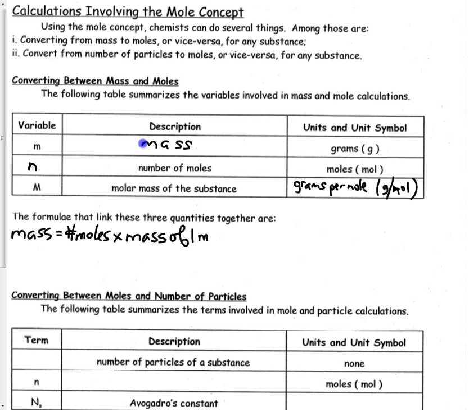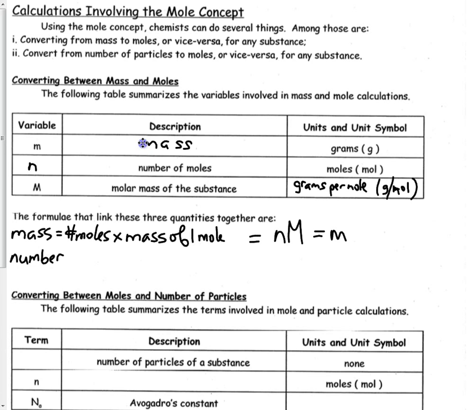So mass can be calculated using the number of moles, which is little n, and we multiply that by how heavy 1 mole is in grams per mole. That would be capital M. So that's the first formula: little m equals n times big M.